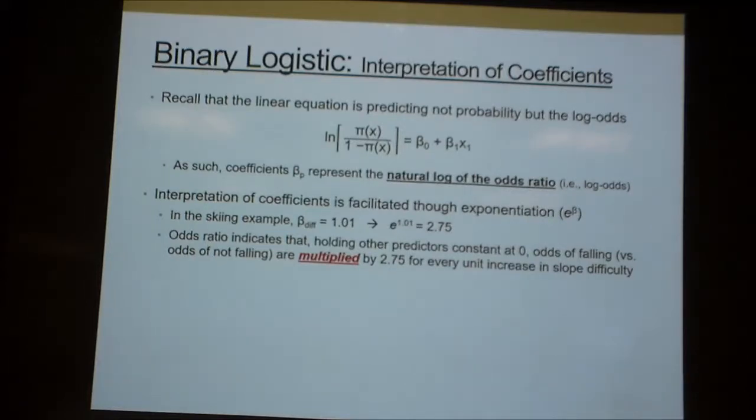No. Square. 2.75 squared. Because you're multiplying by that for each unit. Exactly. And so what if our scale went up to 4 and I jumped from 1 to 4? Cubed. And if there was a 5-point scale, it would be my odds ratio taken to the 5th power.